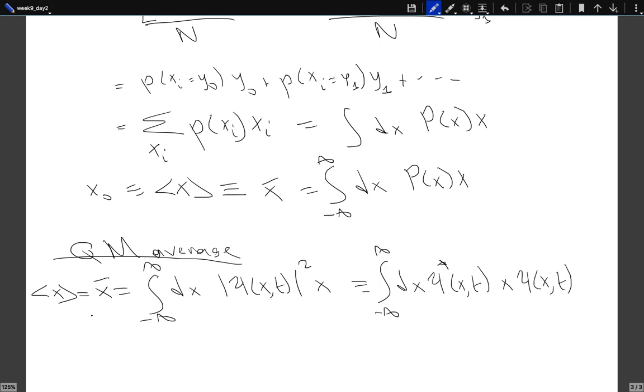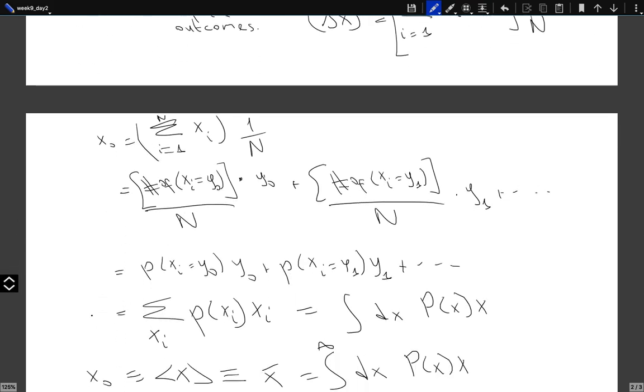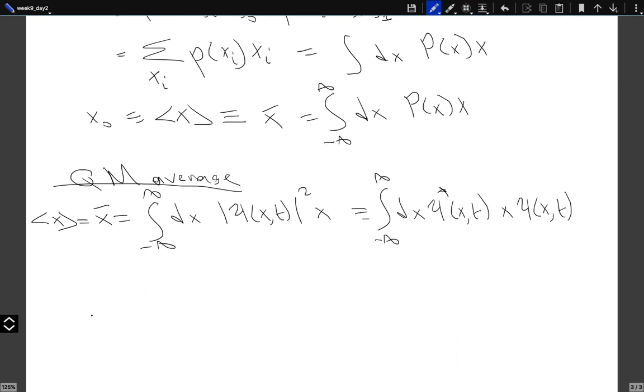And this is, in fact, what you should compare with the experiment. Of course, this doesn't tell us anything about the individual experiment. But if you just do many experiments, repeat your measurements over and over again so that even classically you can determine the average and the errors in your measurements, the outcomes will be given by this quantum mechanical average.